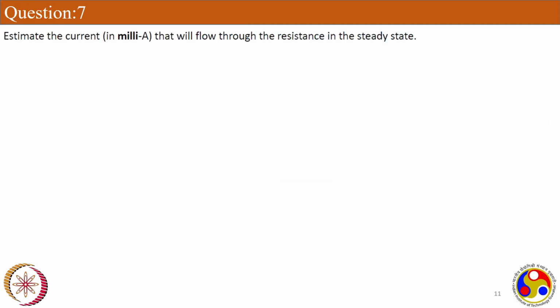We will see. Now, everyone understood the setup. Now, estimate the current that will flow through the resistance in steady state. We are provided with the force, we are provided with the magnetic intensity B, and we know the length of the conductor. How can we find the current? Just now we discussed the formula. Can anyone tell? Very simple formula.